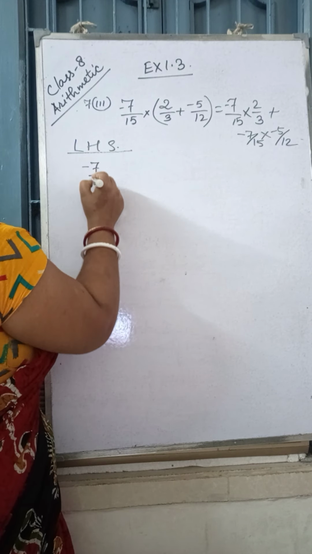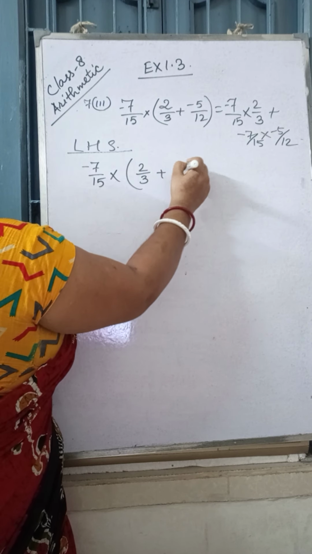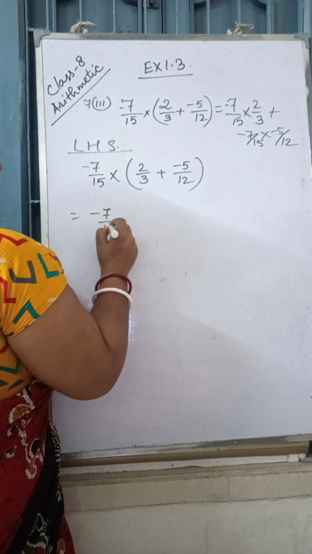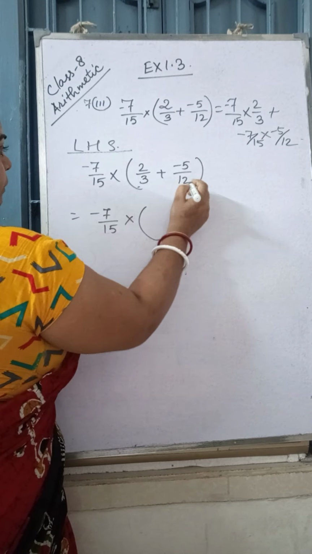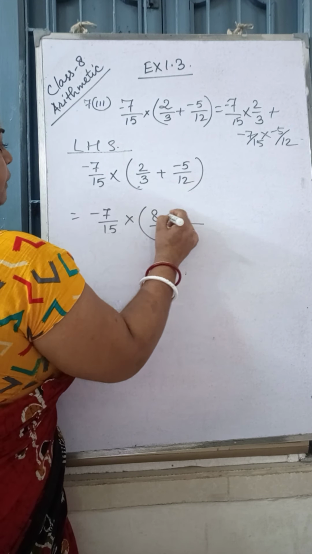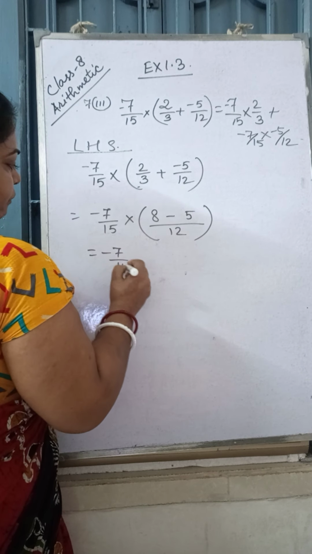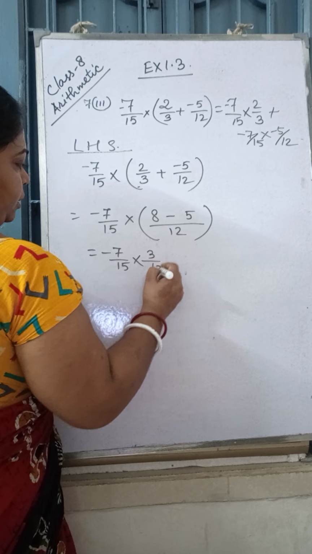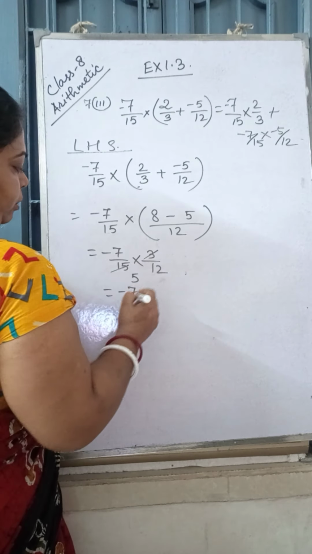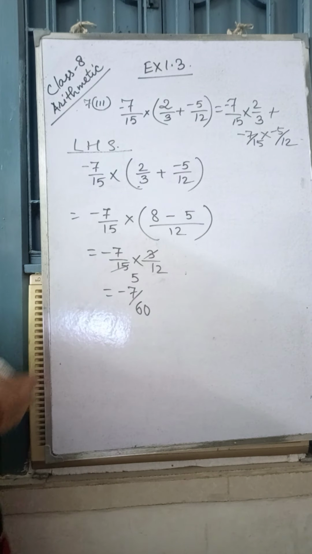Minus 7 by 15 into 2 by 3 plus minus 5 by 12. First we have to solve the bracket. LCM of 3 and 12 is 12. 3 fours are 12, so 8. 12 ones are 12, so this is minus 5. Minus 7 by 15 into 3 by 12. 3 fives are 15, more it cannot be, so this gives you minus 7 by 60.